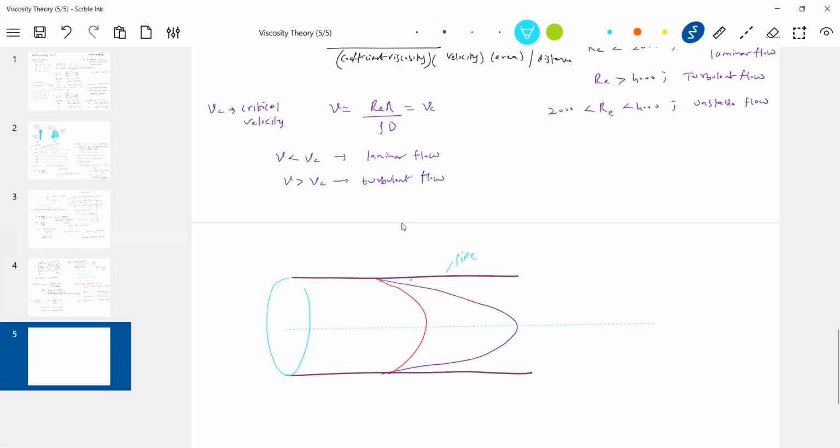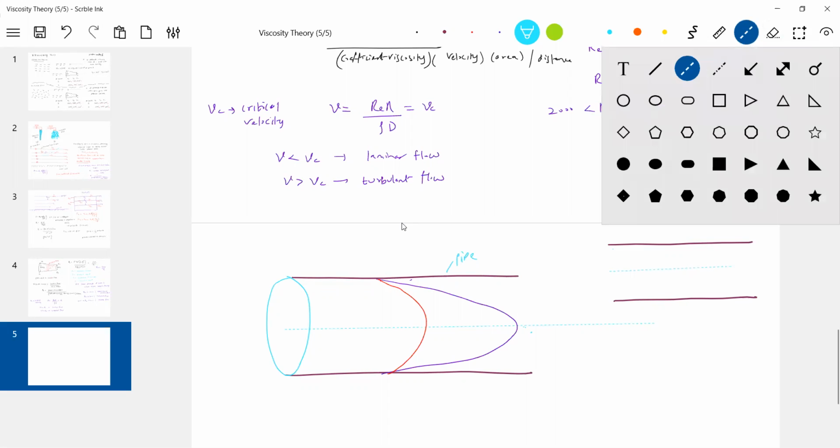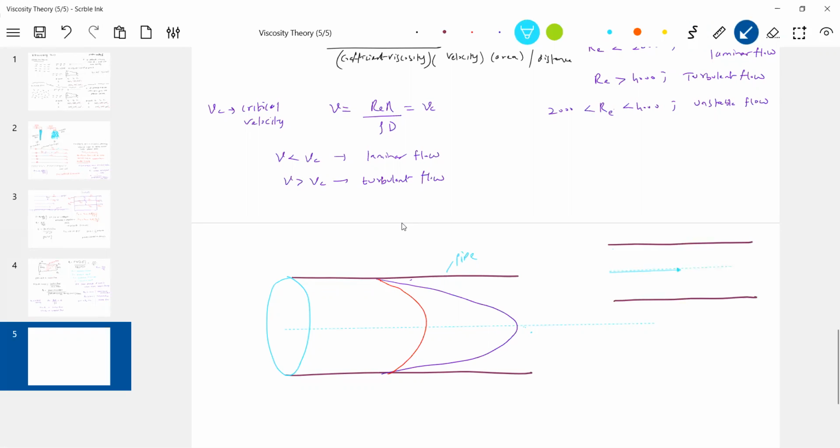I'll give a better picture. Liquid is flowing, and the layer of the liquid at the axis has more speed than the other layers. This is a velocity profile. Inside a pipe, when a liquid is flowing, the profile will be like this. I should bring arrows. This is called a velocity profile.